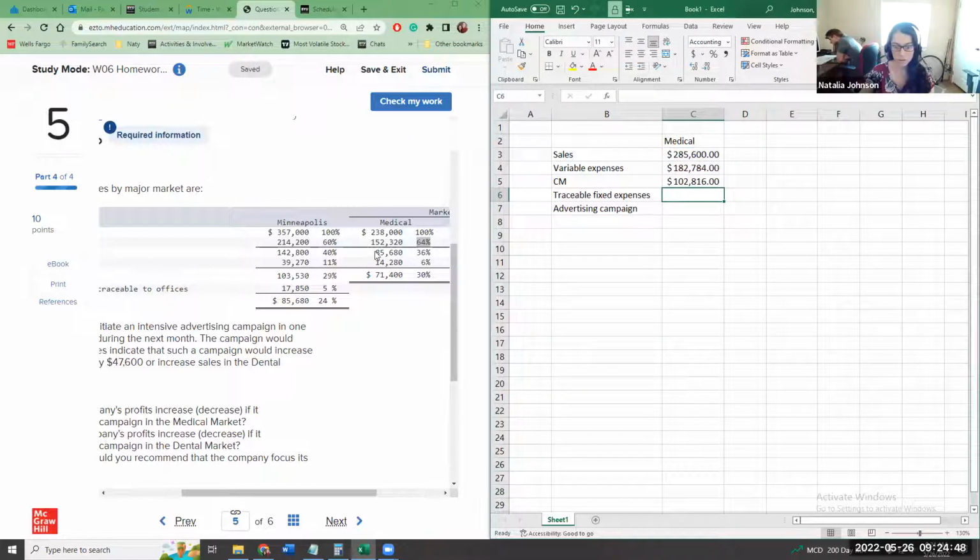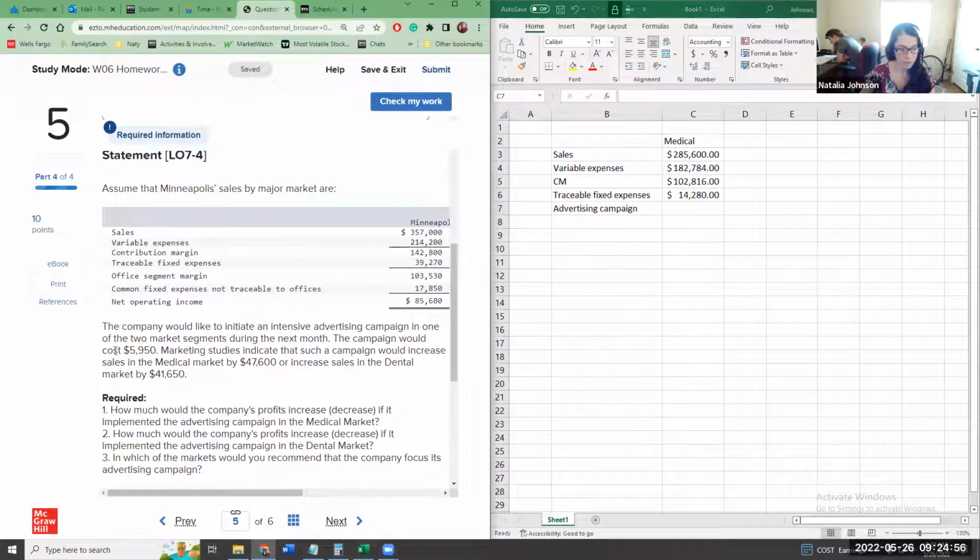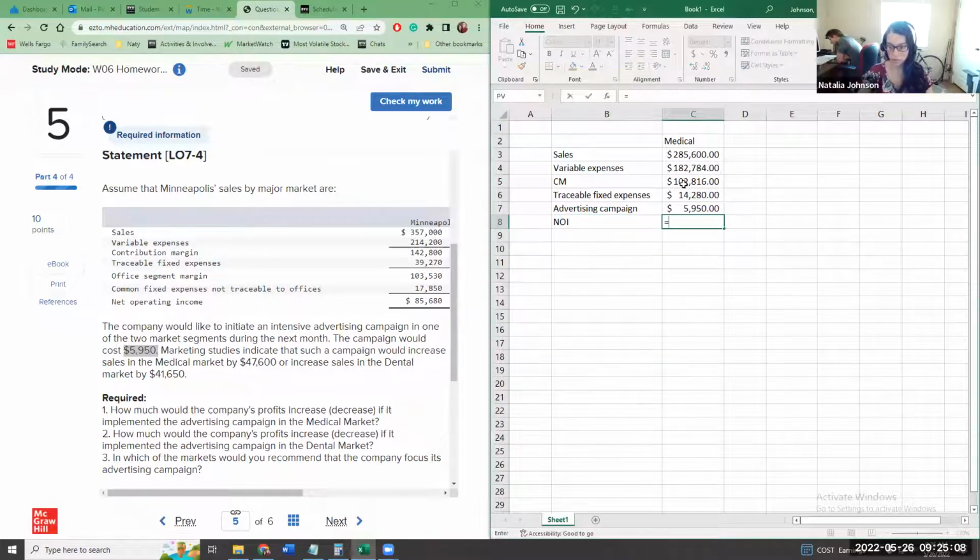The traceable expense will stay the same, so 14,280. And the advertising campaign, they say that it cost 5,950.